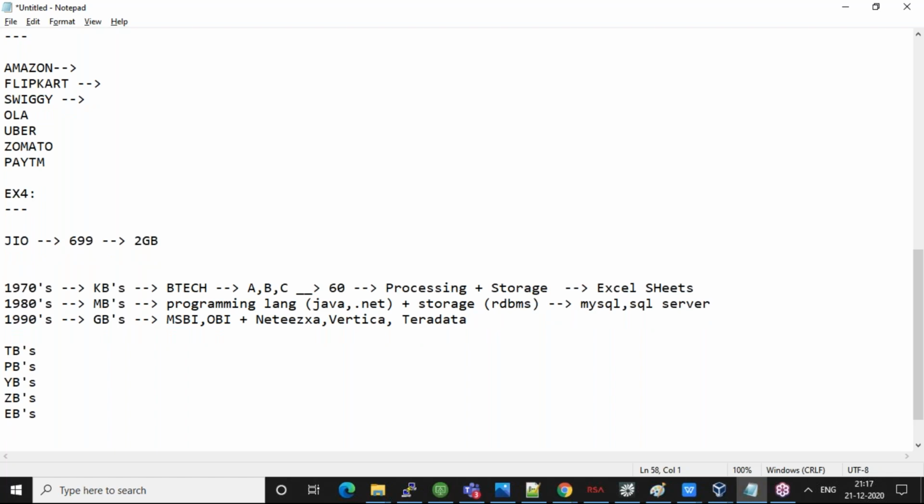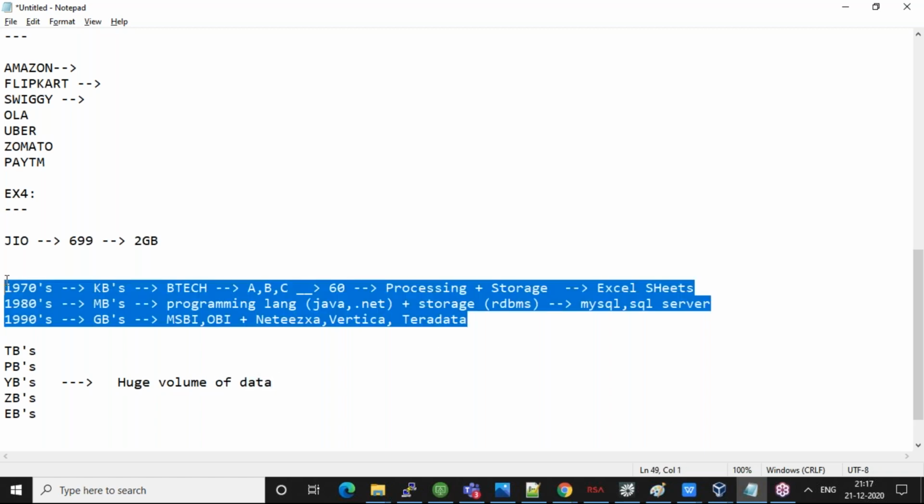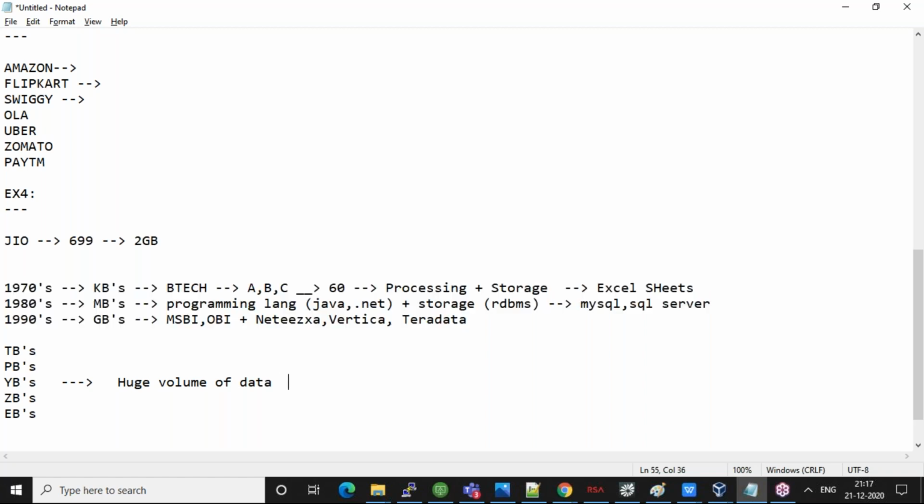So this is a large and huge volume of data. This huge volume of data, by using the above tools, we cannot handle or process. That's why we call this huge volume of data big data.